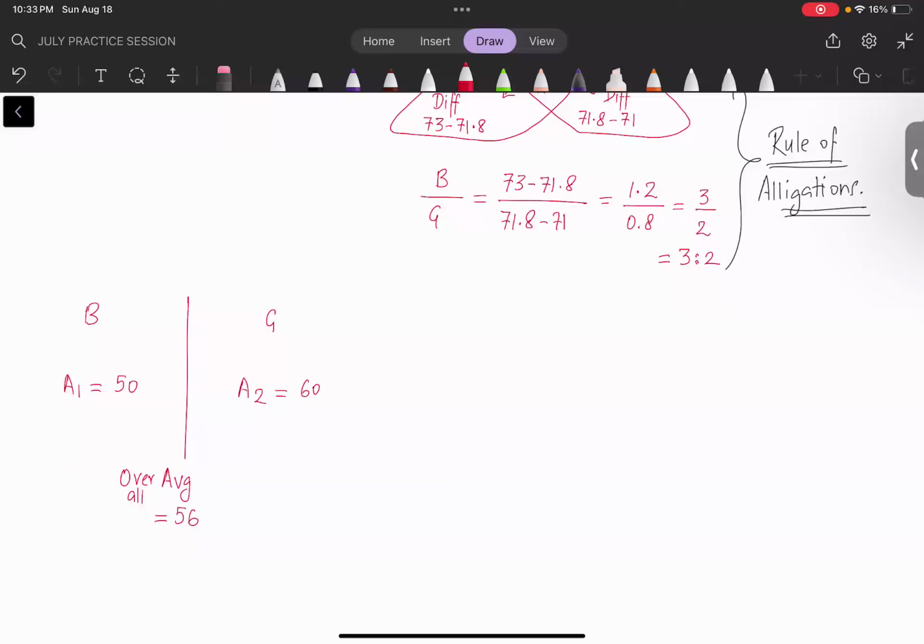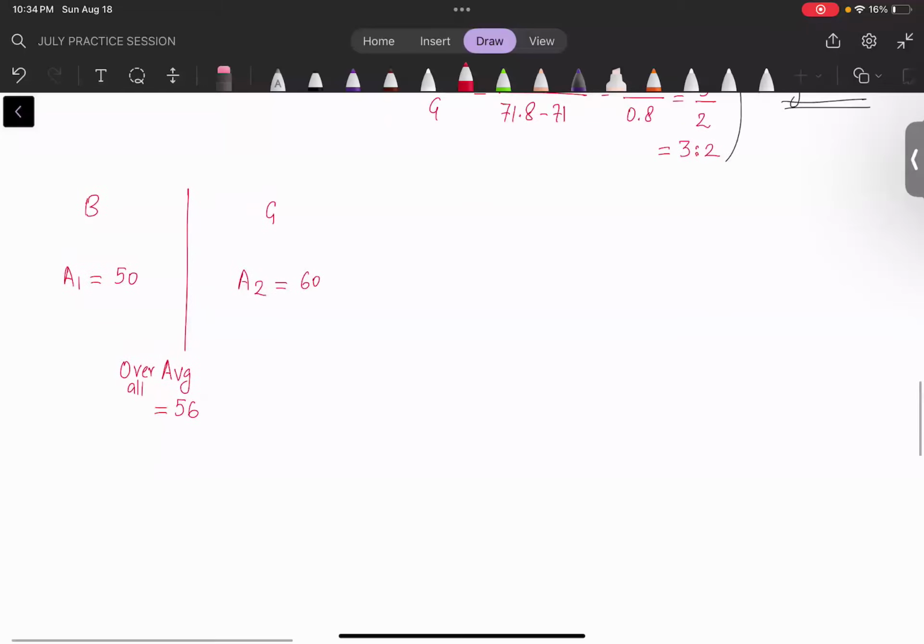Now answer 2:3 or 3:2. Both cannot be correct. Okay, 2:3.